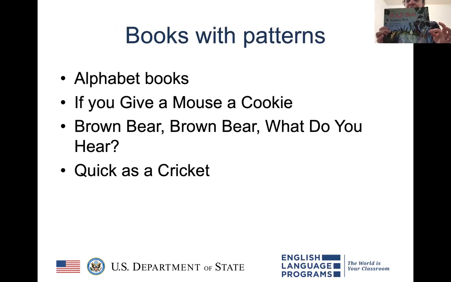I apologize that the text is backwards on these. This is the Icky Bug alphabet book. So an alphabet book is a book that goes through the alphabet. So for example, in my Icky Bug alphabet book, here's the letter L, and the letter L is for ladybug. Here's the letter M, and the letter M is for monarch.